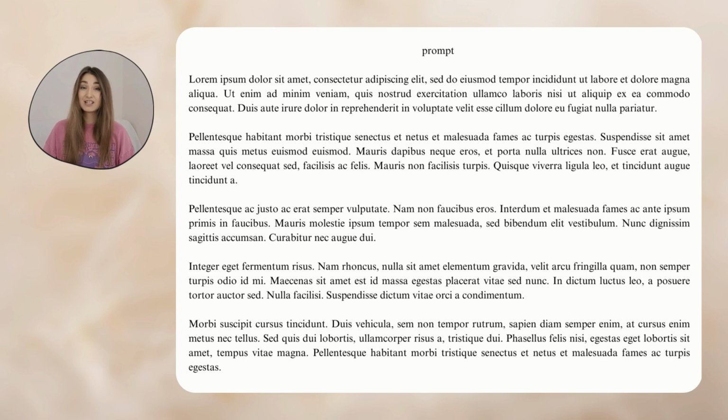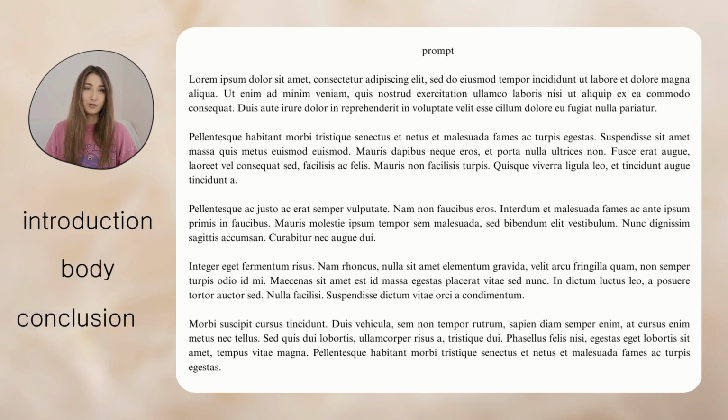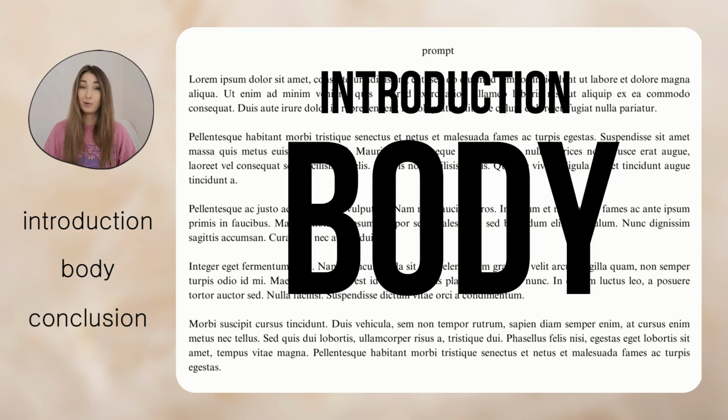An essay has 3 main parts. Do you know what they are? It's introduction, body, and conclusion. Can you identify them? Introduction, body, conclusion. Introduction introduces our main idea, opinion, position.